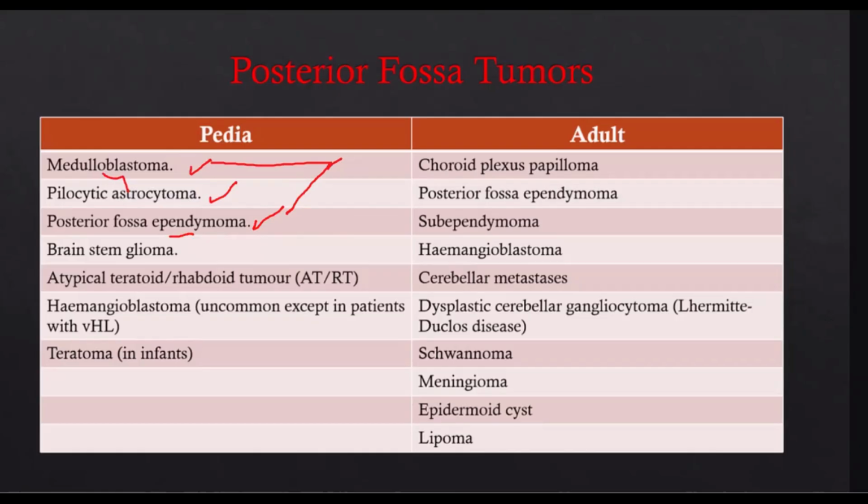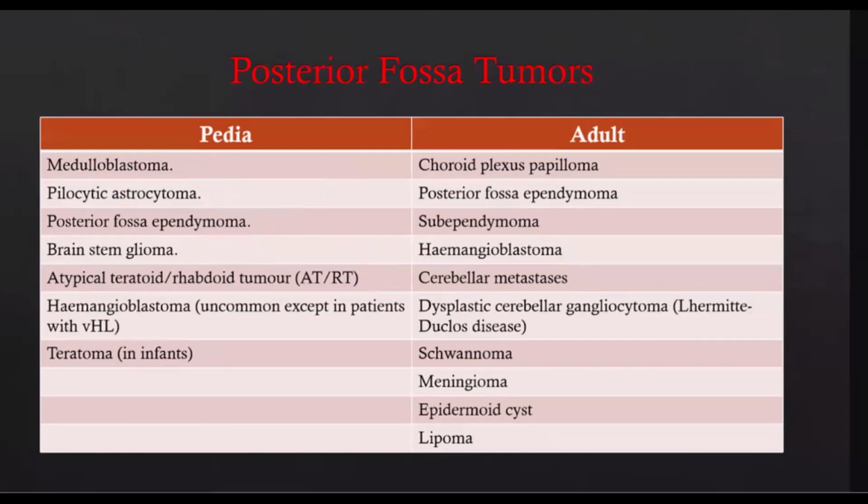Pilocytic astrocytoma is a cystic mass lesion with a solid nodule, and in the adult age group, the opposite of this is a hemangioblastoma. Also brainstem glioma and atypical teratoid rhabdoid tumor are less common. Those are the most important differential diagnoses.